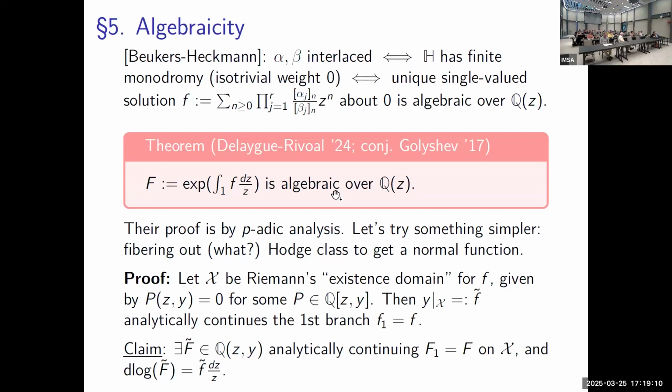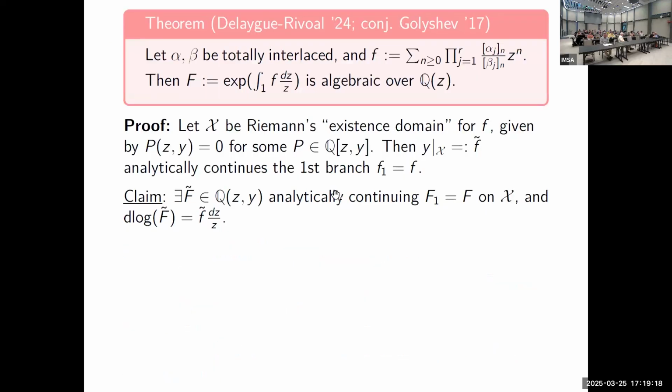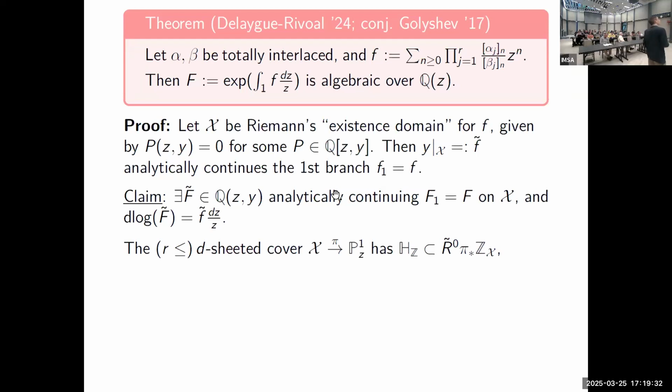That's equivalent to saying that capital F is the exponential integral of little f. So X over P1 in Z is a D-sheeted cover for some D, and that D has to be bigger than R, where R is the rank of the order of the Garten's function.